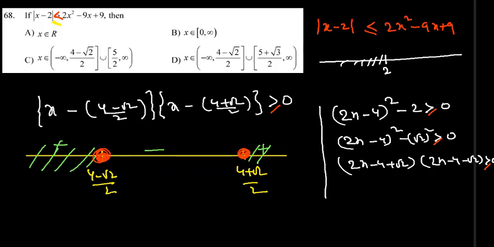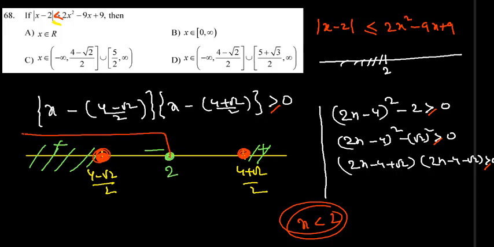So what is our case actually? x less than 2 case. First of all, we need to find where 2 is on the number line. 2 should be greater than 4 minus root 2 by 2 and less than 4 plus root 2 by 2. Somewhere we have 2 on that line. So our case is x less than 2.